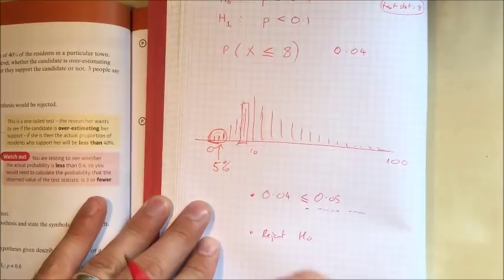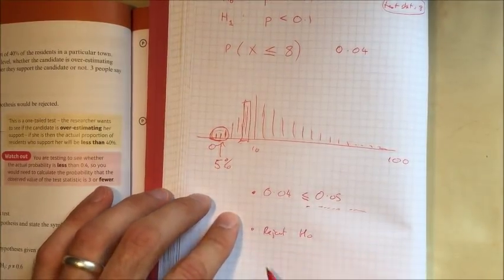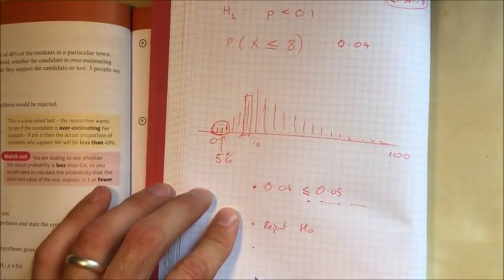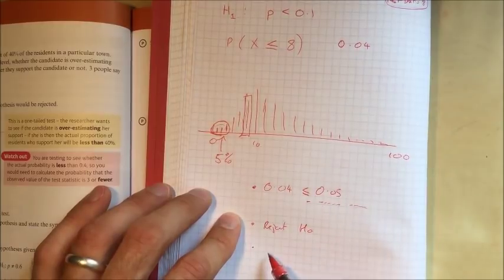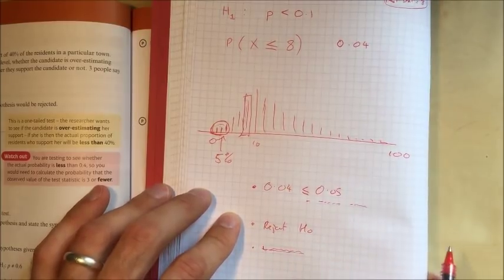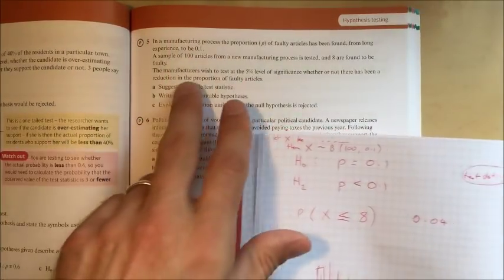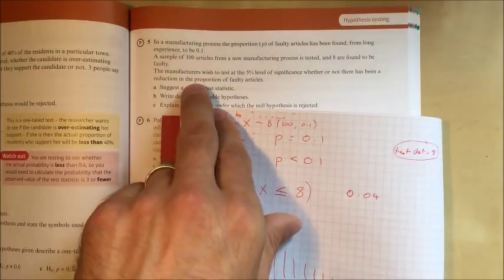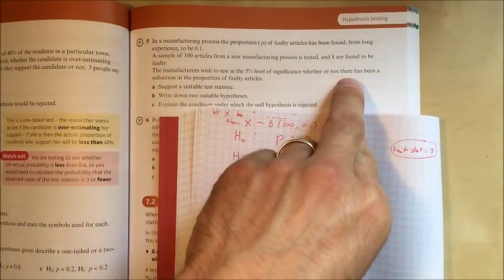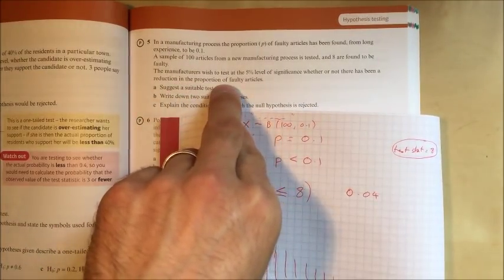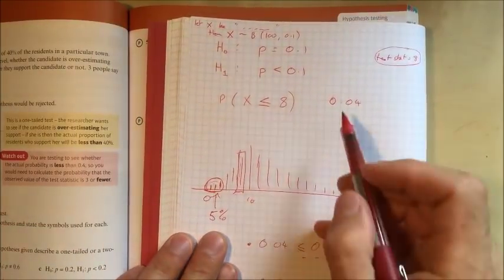Personally, I'd say we reject H0, and I'd leave it at that. So we're rejecting H0, and then we need a comment in context. So we have significant evidence. From the significance test, we have evidence to suggest that, and then we can quote straight from the question. There has been a reduction in the proportion of faulty articles. Okay, so that's the first option.